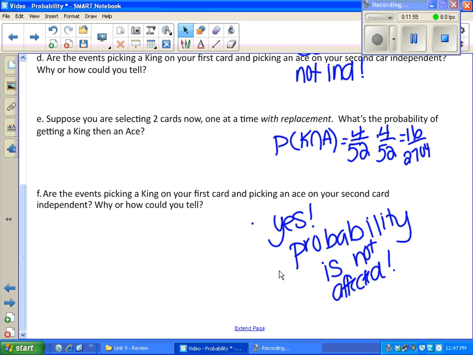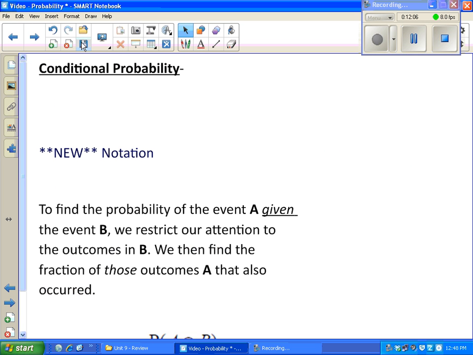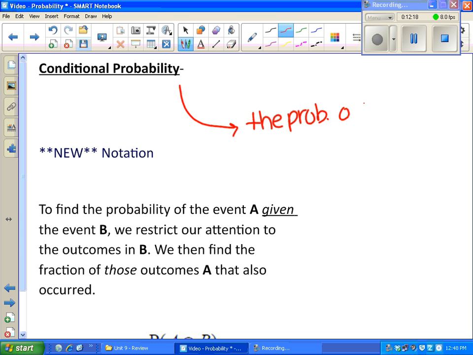All right, good. So let's move on to looking at some conditional probability. So we're going to skip that. Conditional probability is the probability of an event given some event has already occurred. I'm just going to write it over here. The probability of an event given some event has already occurred.